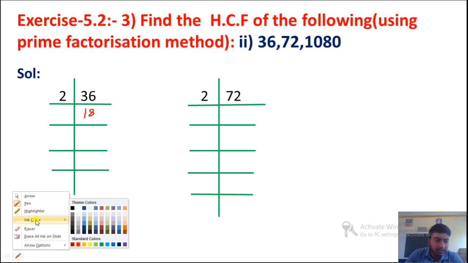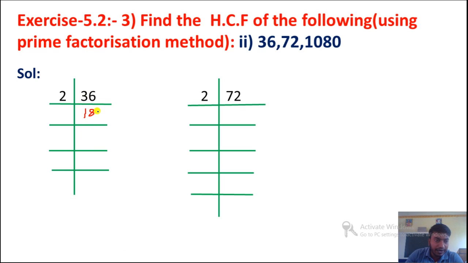So we got 18. Now again it will go by 2, so we will take 2 again. 2 nines are 18. Now 9 we cannot divide by 2, so we will take the next prime number.